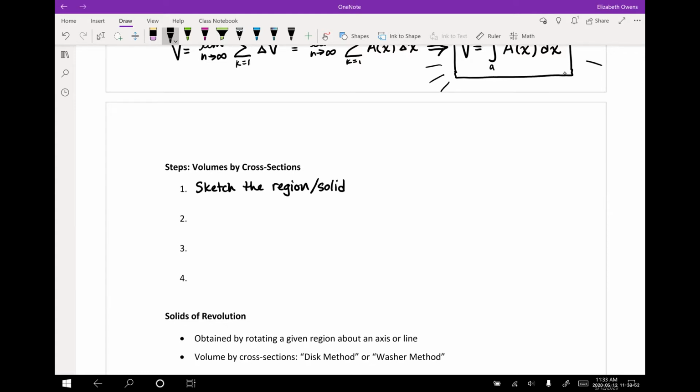Sketching the solid to whatever extent you can is useful. So make some sort of little sketch, at least graph the region that we're looking at, and we'll go through what that looks like. And also sometimes sketching a typical cross section can be useful too, or at least trying to visualize this in your mind.